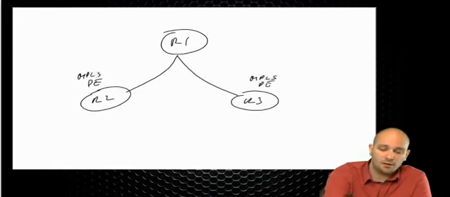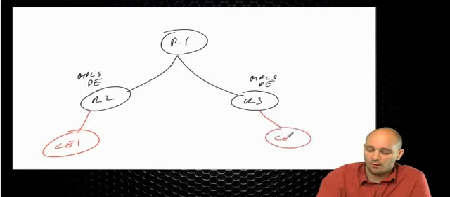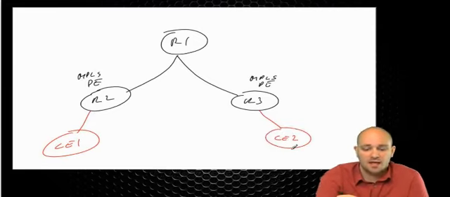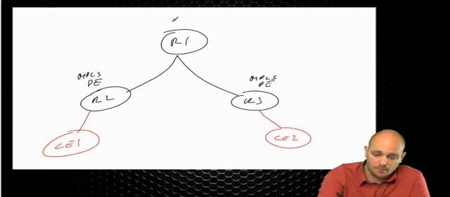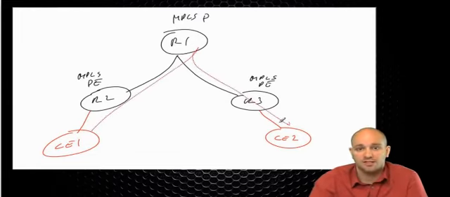And here, inside VRF, we have some customer edge devices. And basically, R1 here is an MPLS P device. So what we want to do is get the traffic from CE1 over our MPLS network over to CE2.